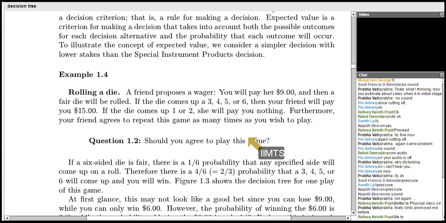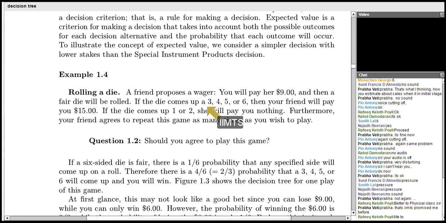Let's take a look. Rolling a die. Again, we're going back to the die. A friend proposes a wager. You will pay her $9 and then a fair die will be rolled.